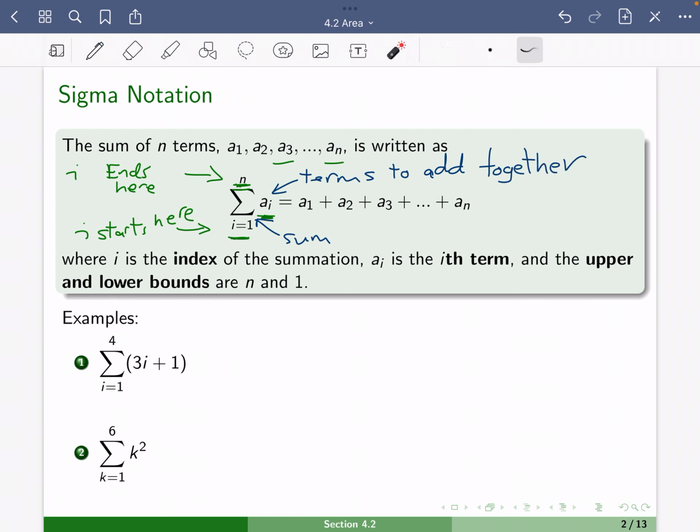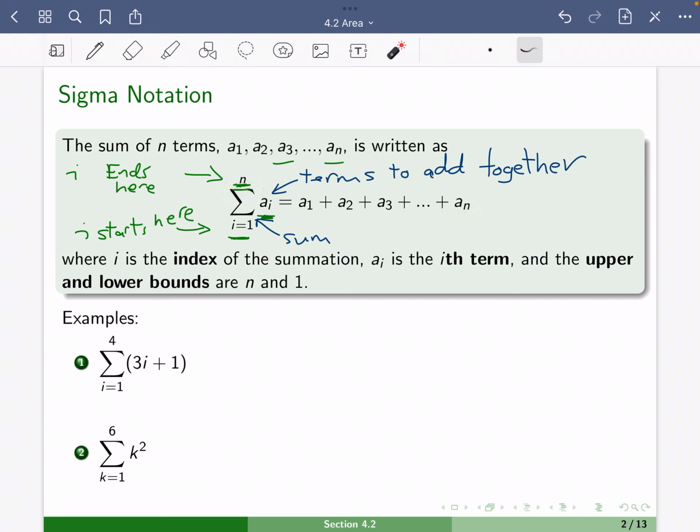So here we're starting with i equals 1, so we're plugging 1 in for i, and so we have a1, plus, then we bump that value of i up 1, a2, then we bump the value of i up again, plus a3. And we keep doing that all the way up to a sub n, and that's where we stop.